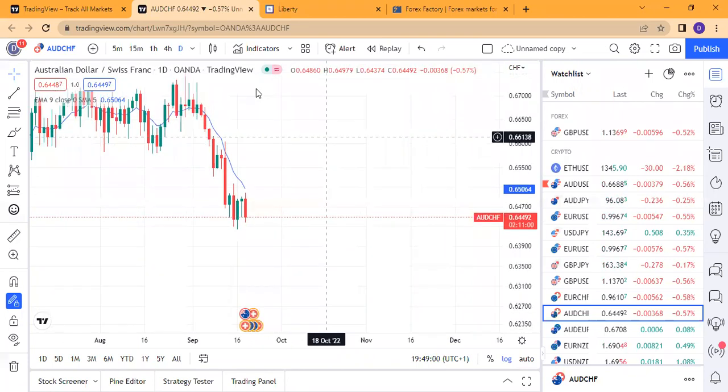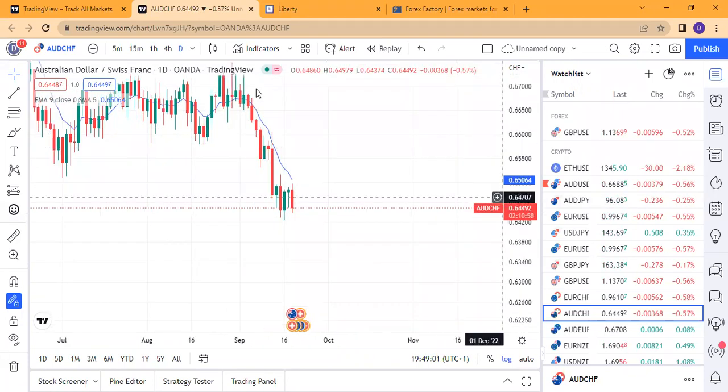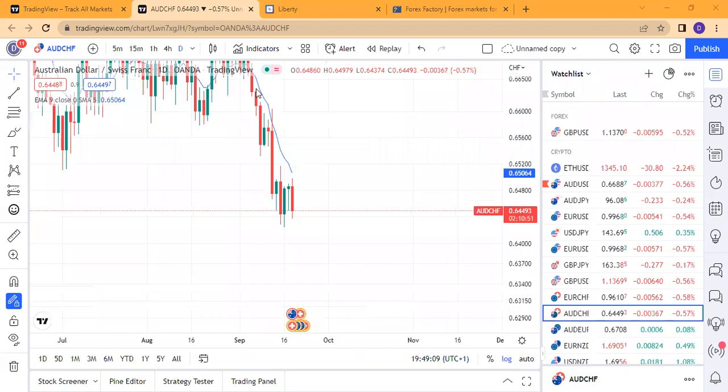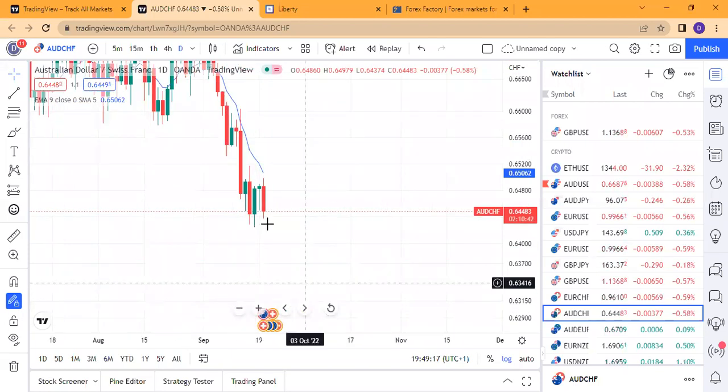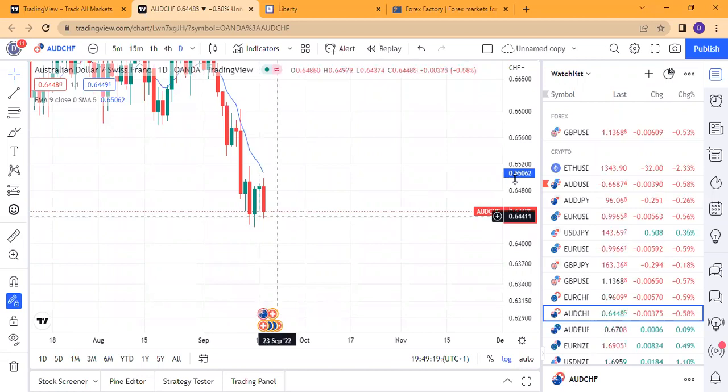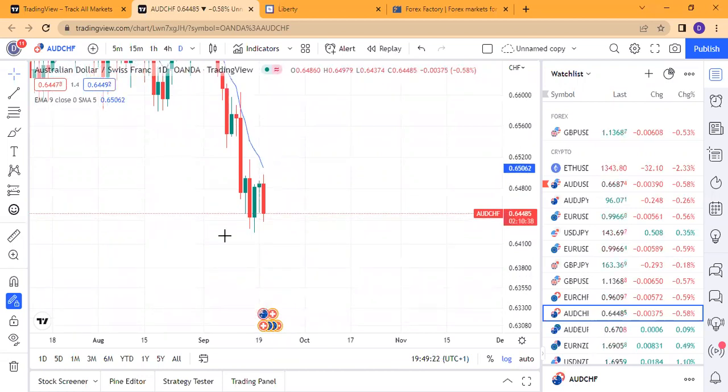This is the theory part. Remember, we sell the floor that has been broken, so what I'm going to be looking at are floors. I'm not going to bother myself to look for the ceilings. I'm just going to look at floors.